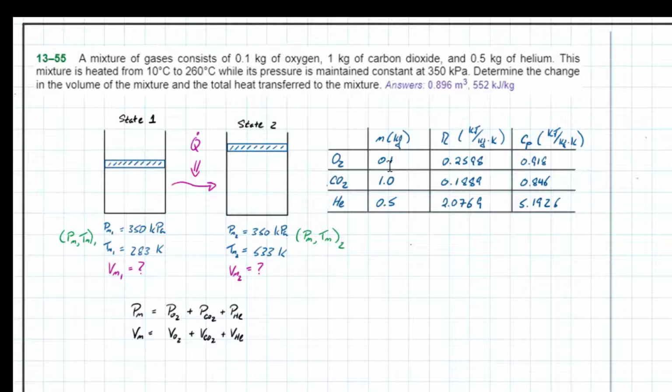Since we're given masses, we can utilize this form of the ideal gas law, PV equals mRT. So what we're going to do now is determine the volume at state 1 and at state 2, utilizing the ideal gas law.